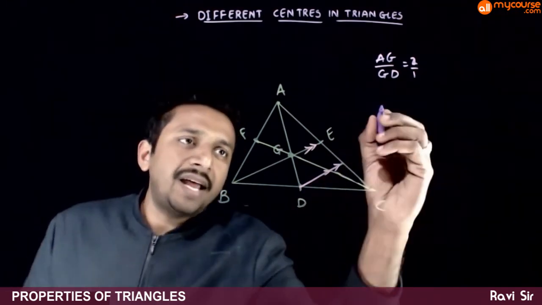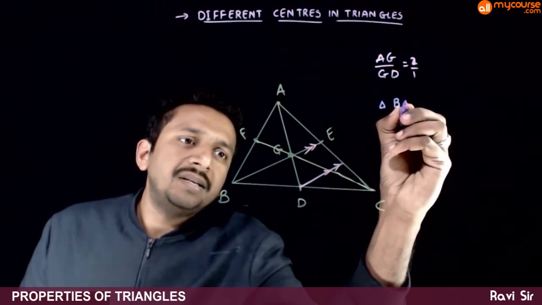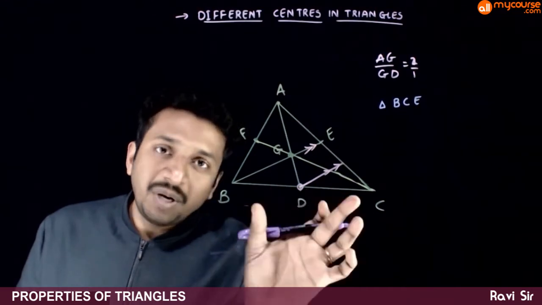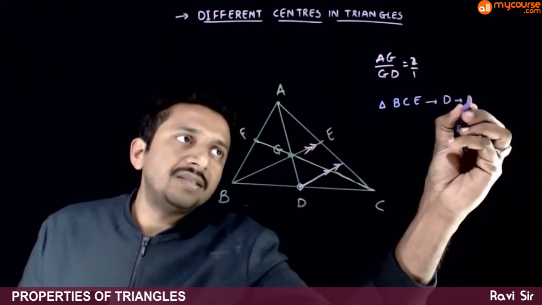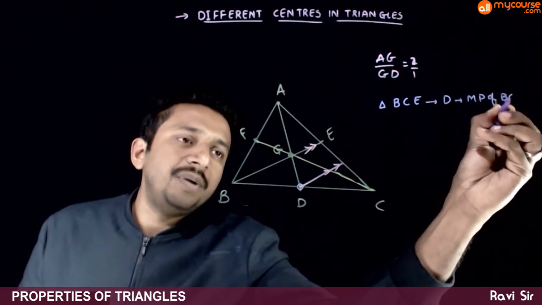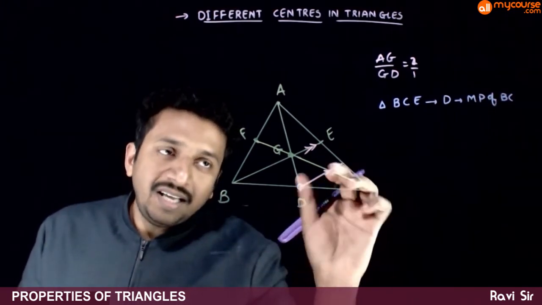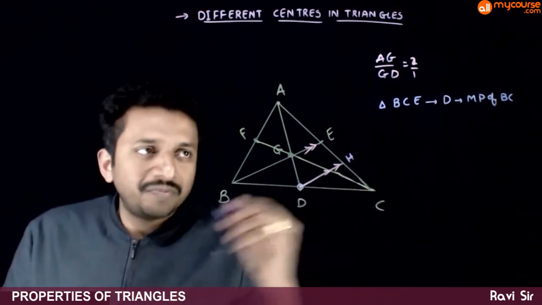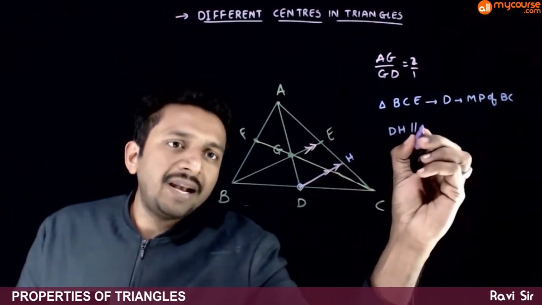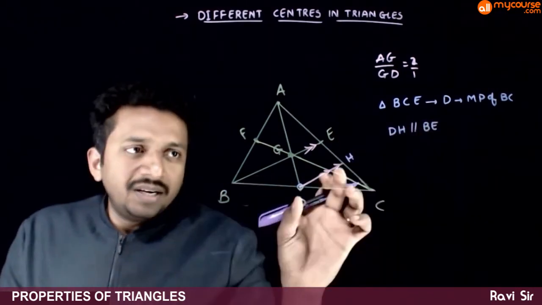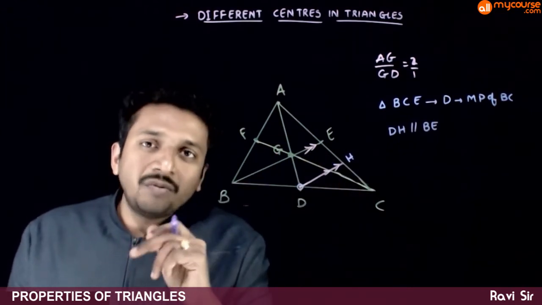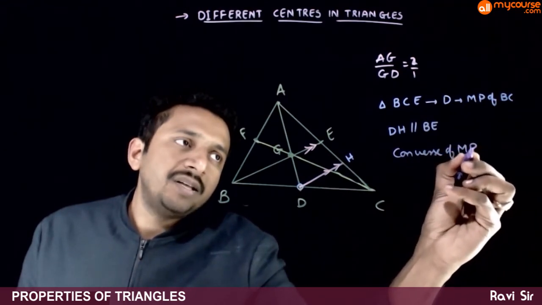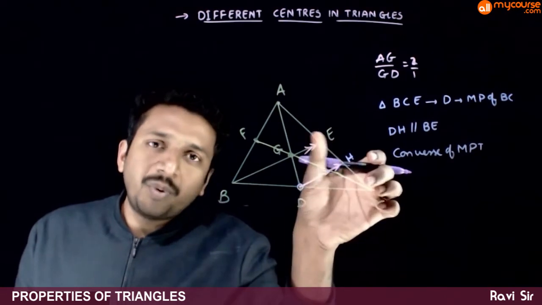First, in triangle BCE, D is the midpoint of BC, right? And if this point is H, DH is parallel to BE. So from the converse of the midpoint theorem, H should be the midpoint of EC.